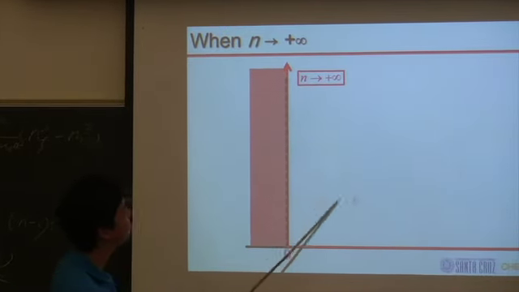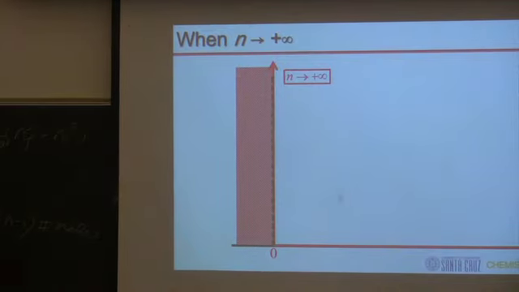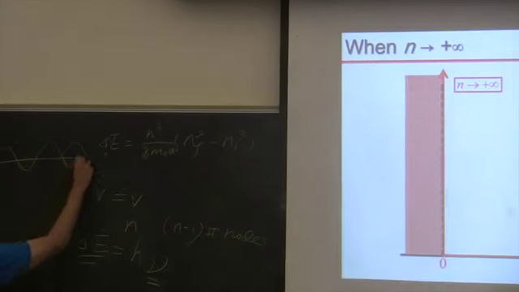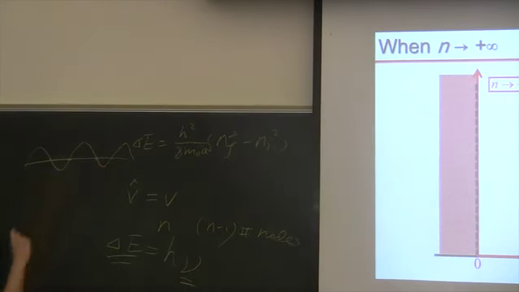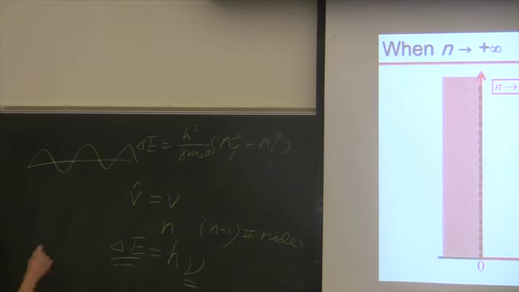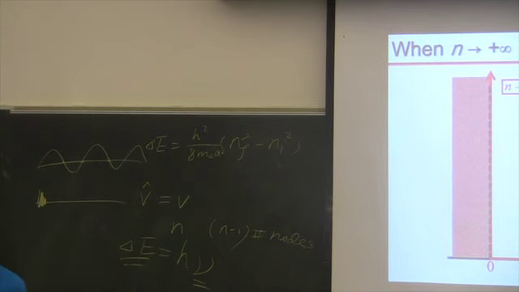If I have this one, it will be this many nodes, right? But now the number of nodes is infinity. It's something like that, right?